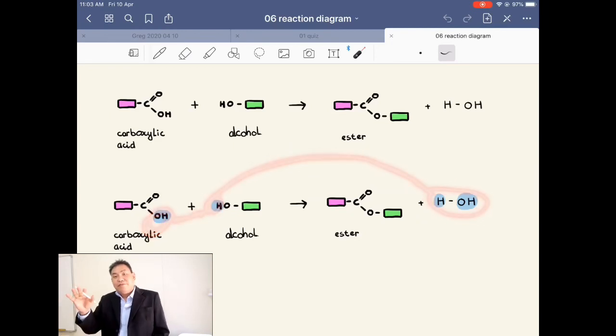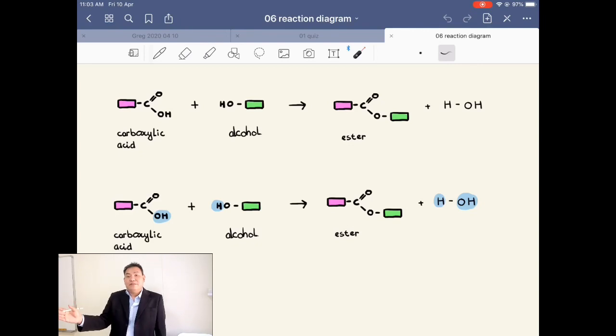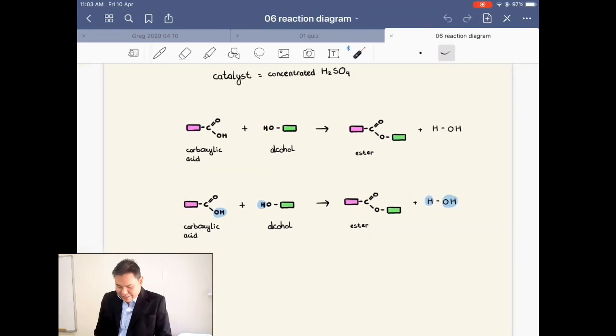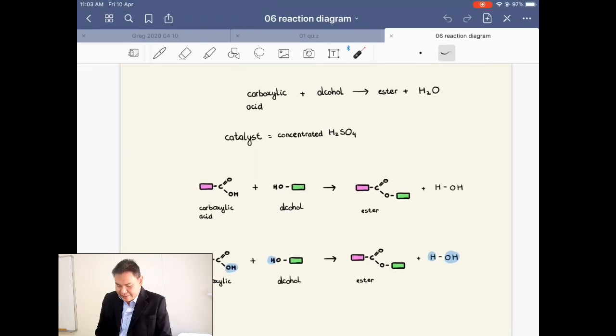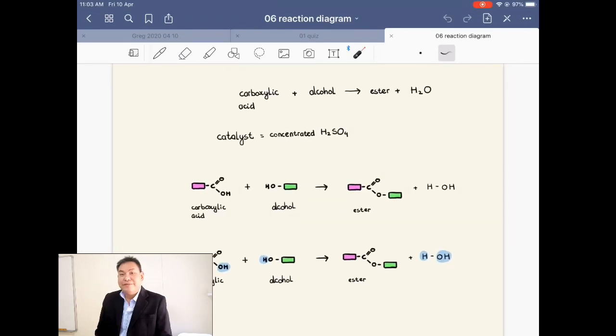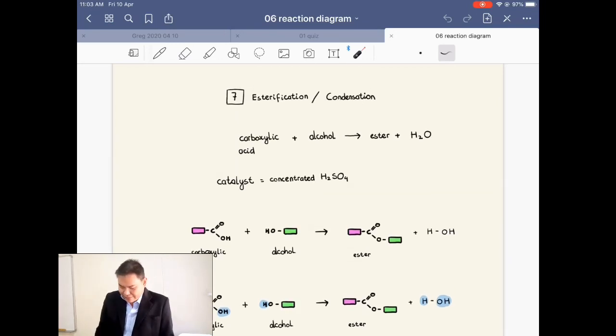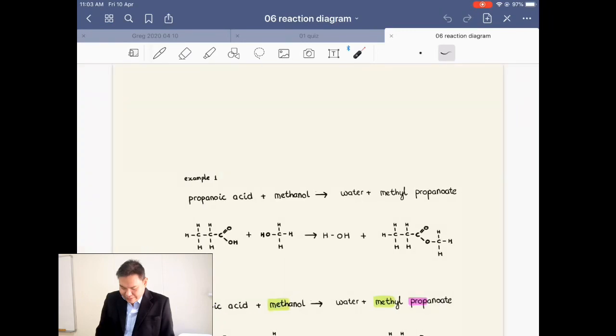The OH you take from the carboxylic acid, the H you take from the alcohol. Then you form ester. Hopefully you can understand. It's quite confusing for some students, but we just try to do this online.